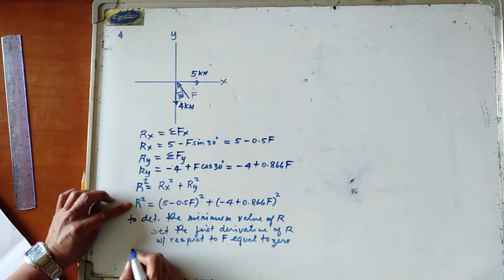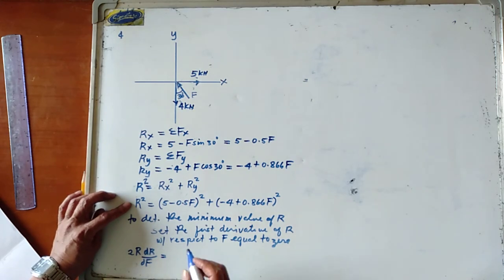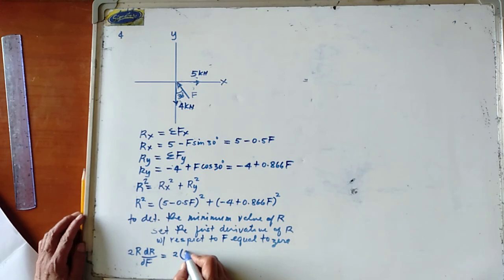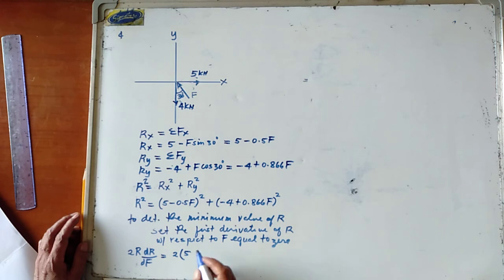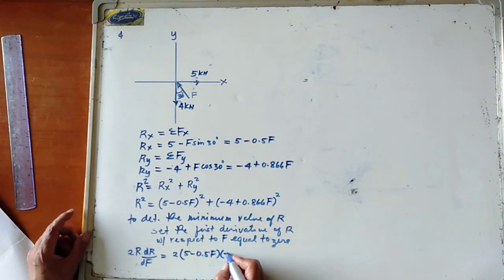We have 2R, so dR over dF is equal to 2 multiplied by 5 minus 0.5 F, multiplied by negative 0.5.